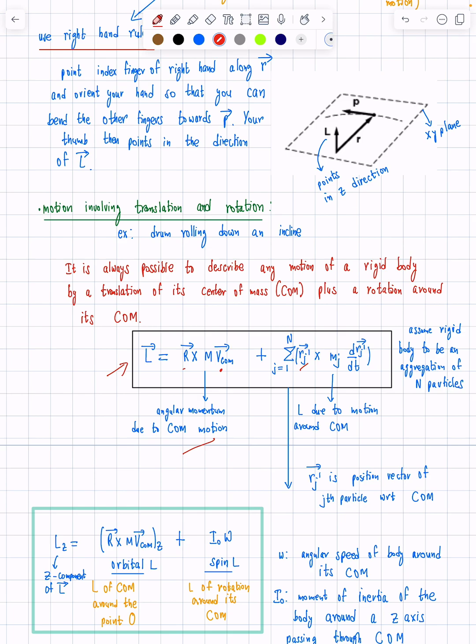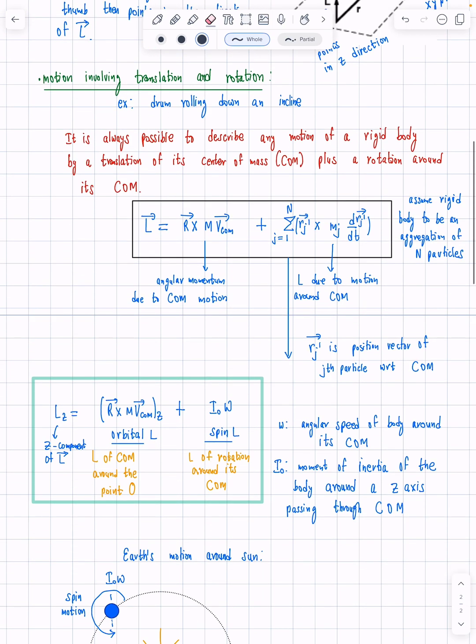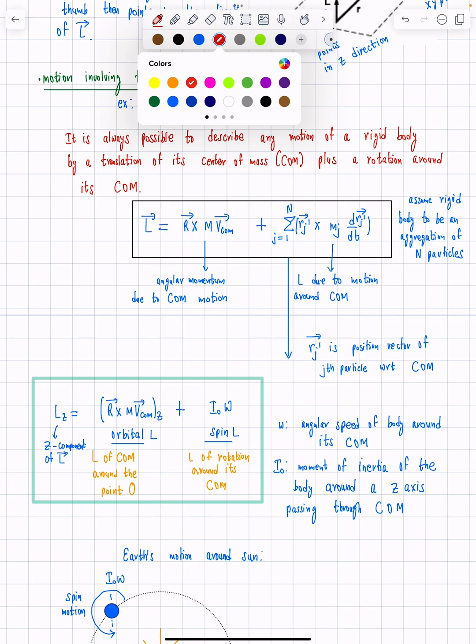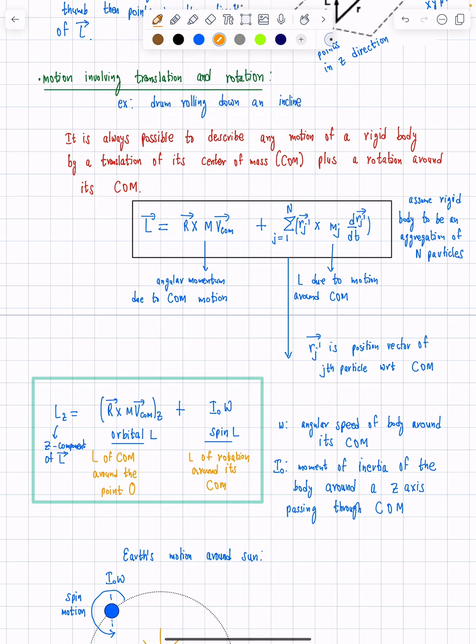This expression is a little complicated, and I won't be going through it in detail. But I want to show a simplified case where we find the z component of angular momentum.